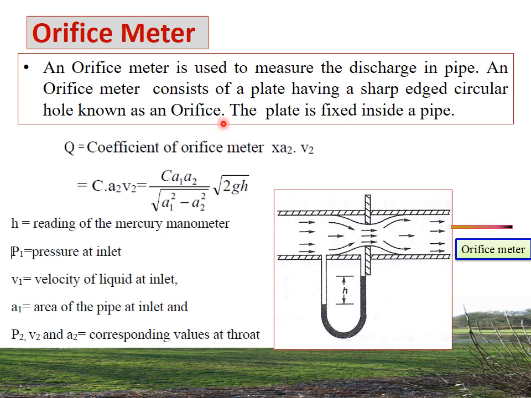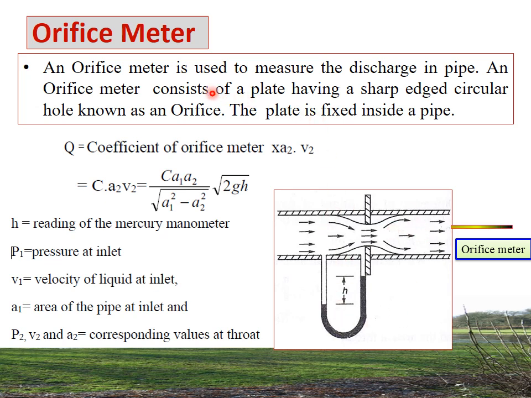Next one is the orifice meter. An orifice meter or orifice plate is a device used for measuring the rate of flow of a liquid through a pipe. It is a cheaper device as compared to the venturi meter.